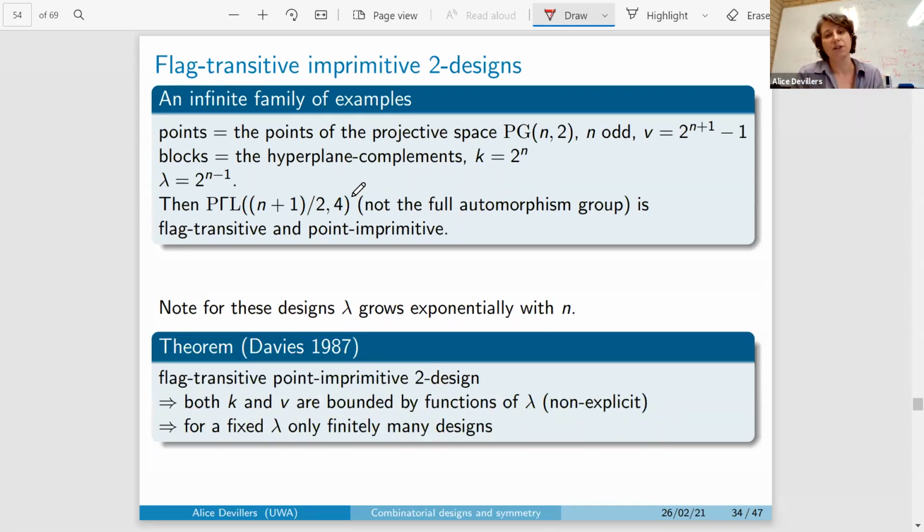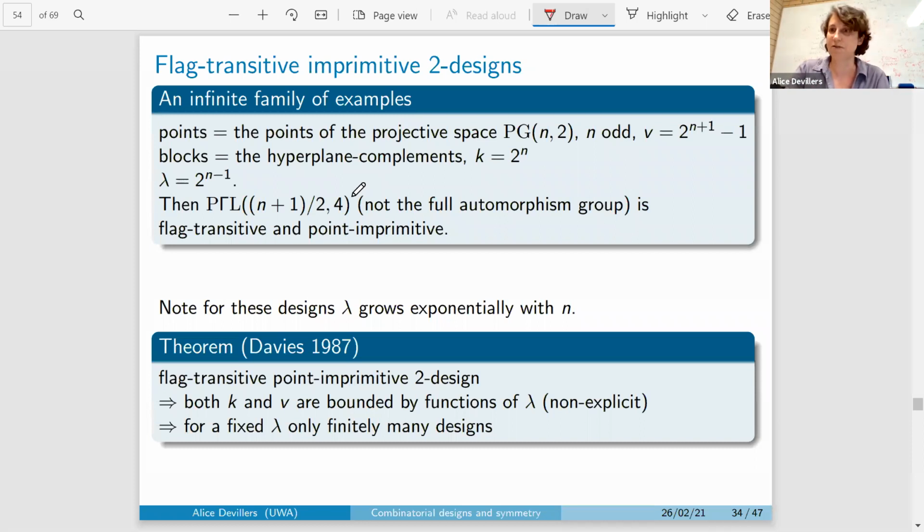it was proved in the 80s by Davies that k and v must be bounded by functions of lambda. But he didn't say which function. So for a fixed lambda, there's only finitely many possible designs with these properties.